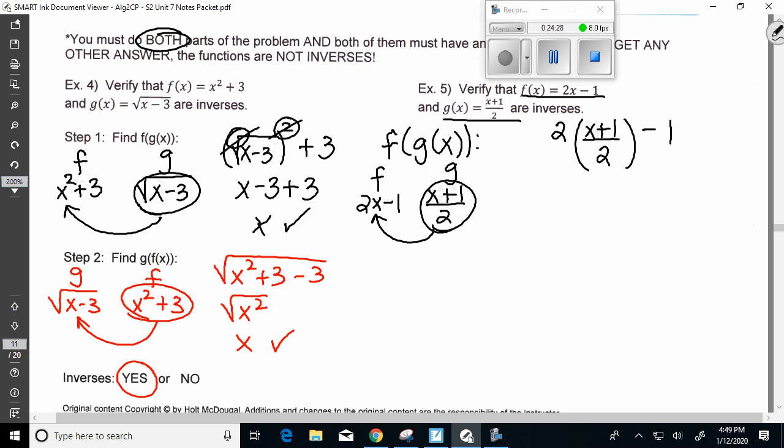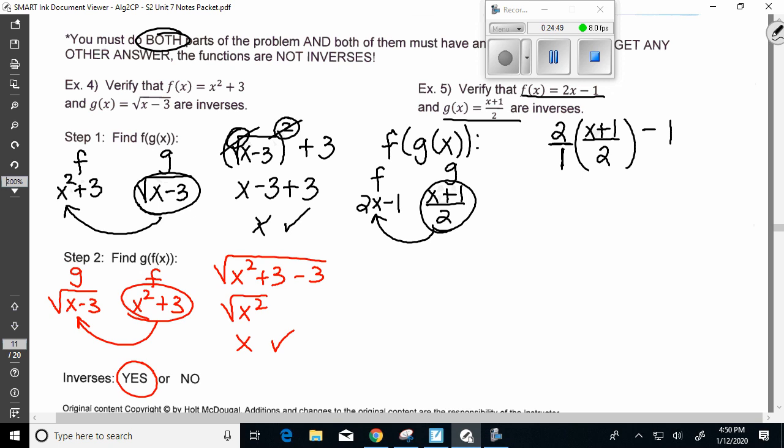Now, to make things a little bit easier, since x plus 1 over 2 is a fraction, we're going to make this 2 be over 1. Now, if you remember back from middle school, maybe in Algebra 1, you can cross-cancel two numbers if they are the same.